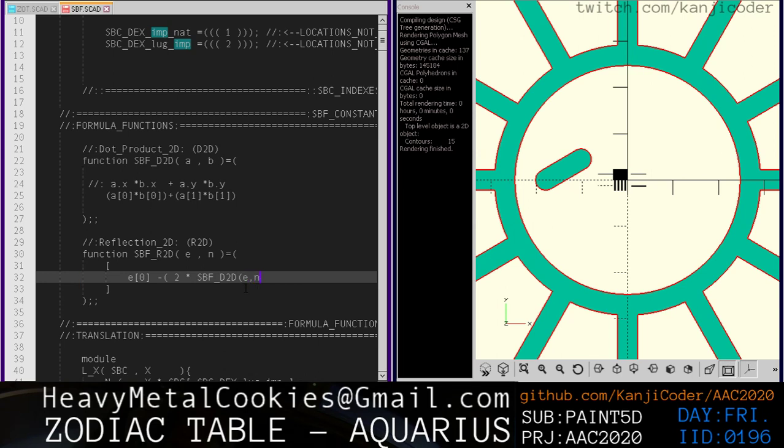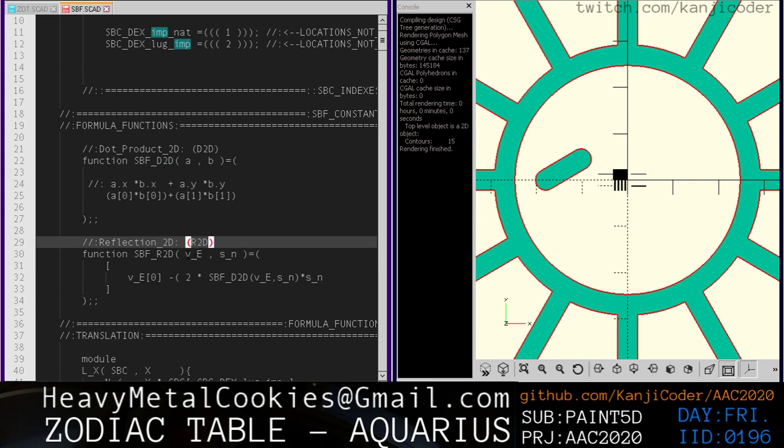So we take E and the normal, and then we times it by the normal, right? So let's just call this VE for vector E, and SN for the surface normal. Let's be a little bit more verbose. So vector E, and then this is also vector E, and this is the surface normal, right? So surface normal.